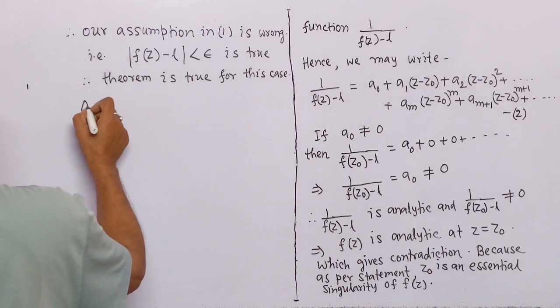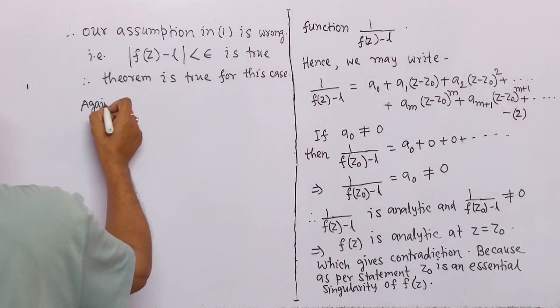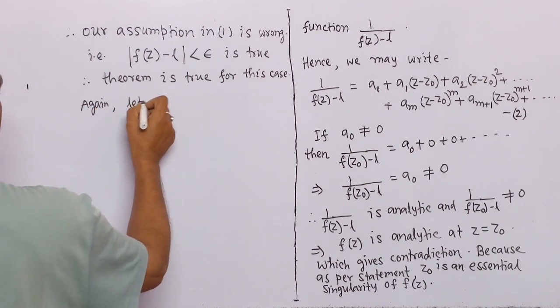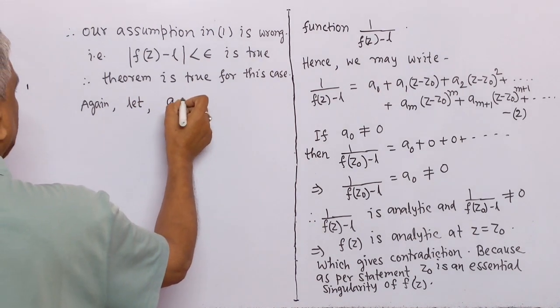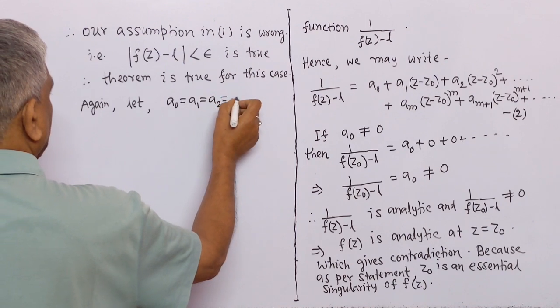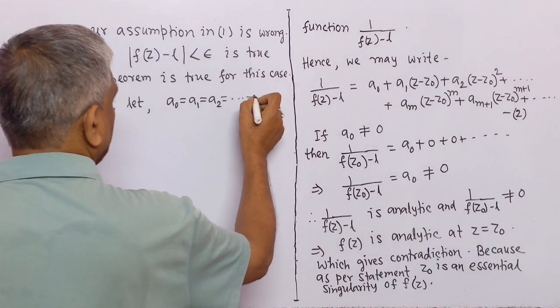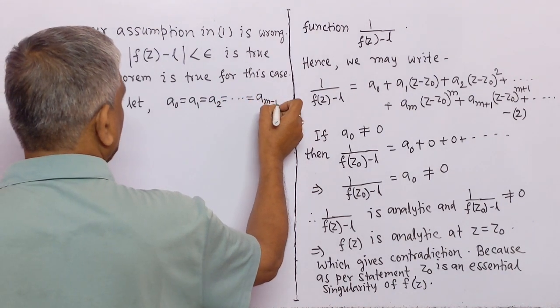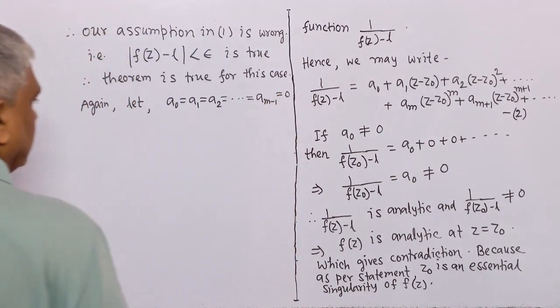Again, let a naught equal to a1 equal to a2 equal to dot dot equal to a_(m minus 1) equal to 0.